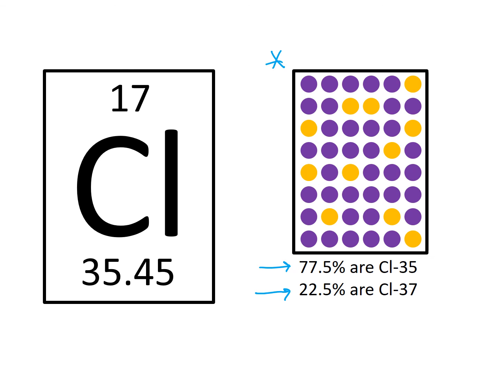Now this only works because there's two isotopes, right? So I know those two have to total up to 100. Okay, if I was paying attention to sig figs, significant figures throughout, there's actually only one significant figure. So I would say 80% chlorine 35 and 20% chlorine 37.